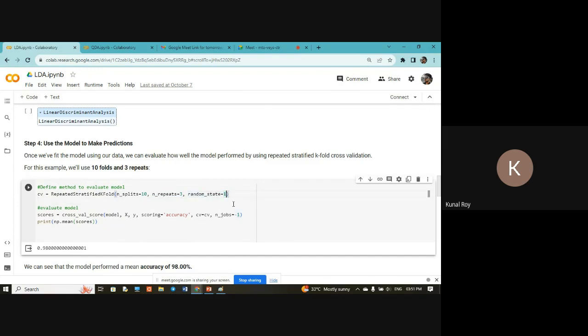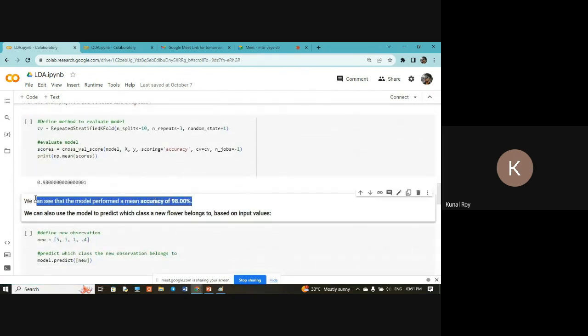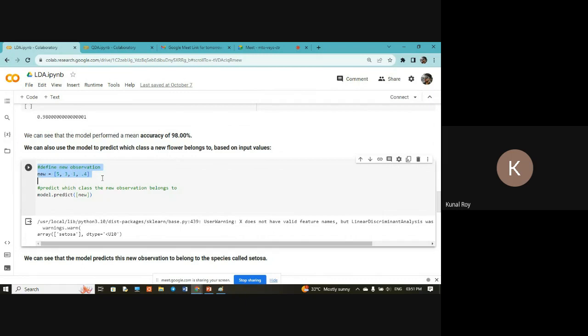Random state is nothing but the steps. First part, first 10 will be observed, second part, second 10 will be tested, just like this. Next, we have the cross value score, where we find the accuracy. So we can say we have trained the data and are getting 98% accuracy. Then we can predict a new flower, which is not in the data set.